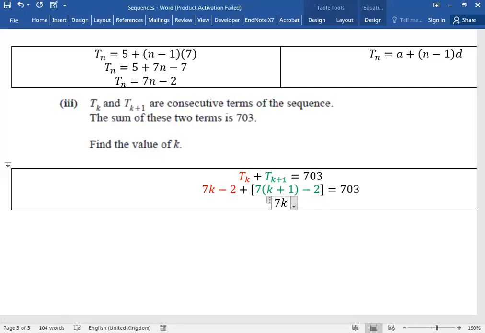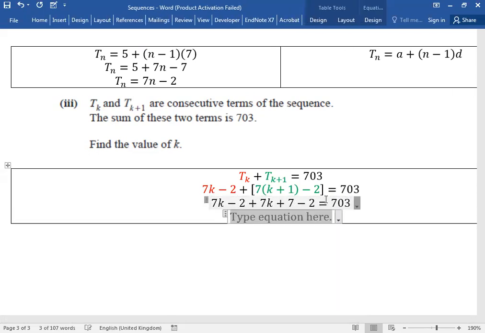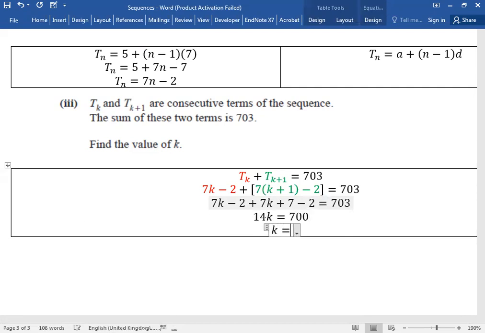Solving this for k: 7k minus 2 plus 7k plus 7 minus 2 is 703. 14k is 700. k is 50.